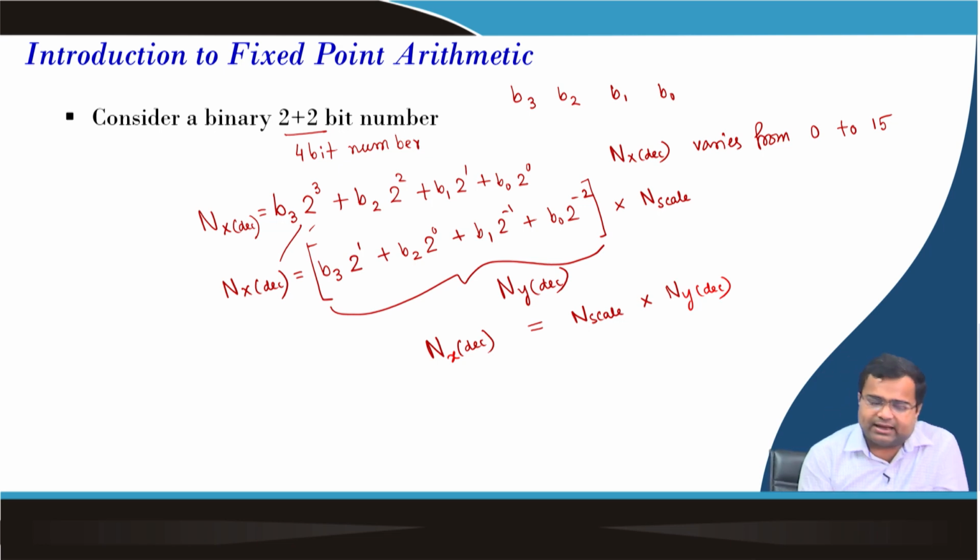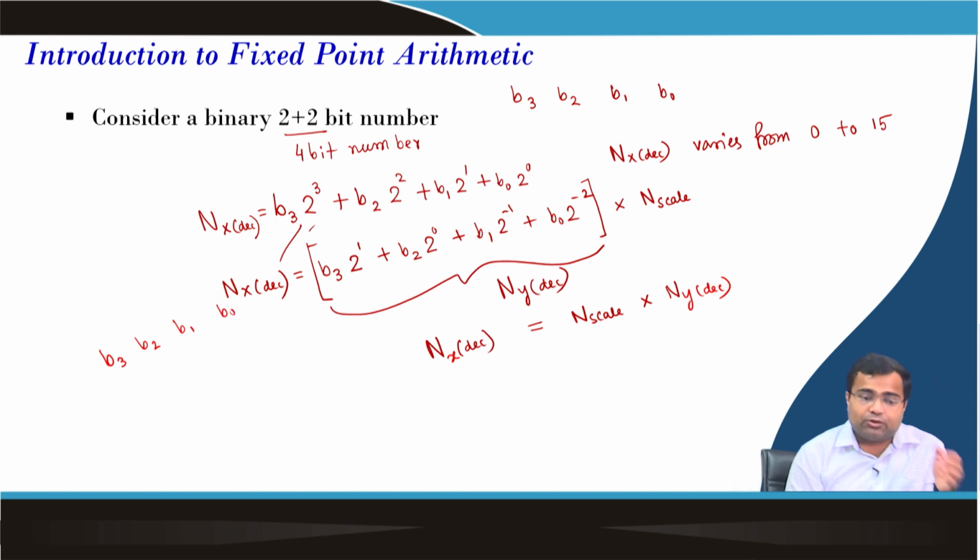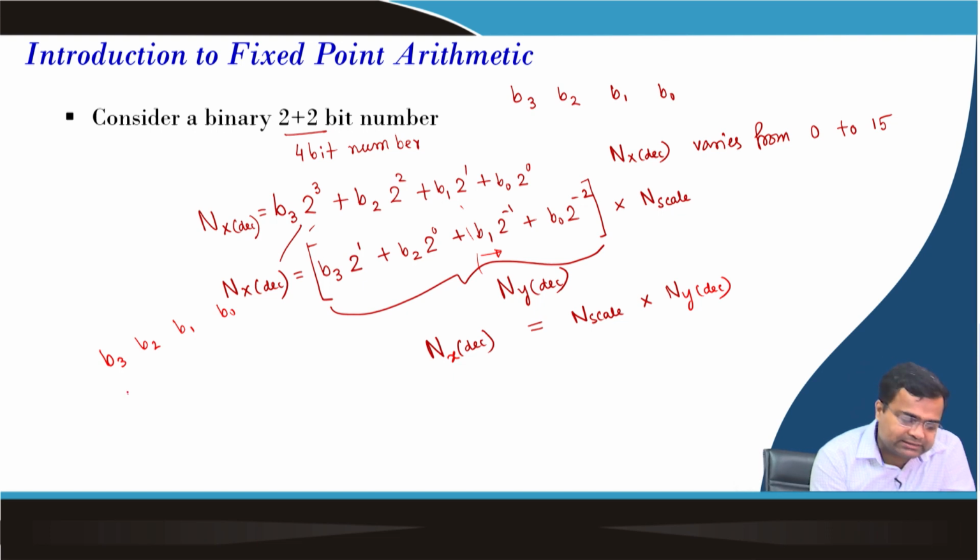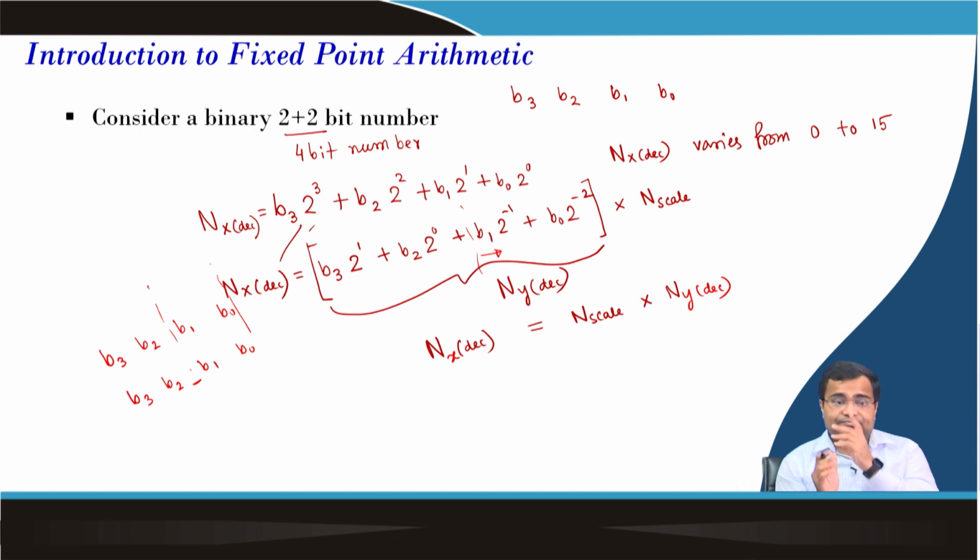So, the beautiful thing here is that if I write in one case B3, B2, B1, B0, it looks like all integer. In the other case, from this point onward, it looks like a fraction. In the first case there is no decimal, but here we have inserted a decimal concept virtually.